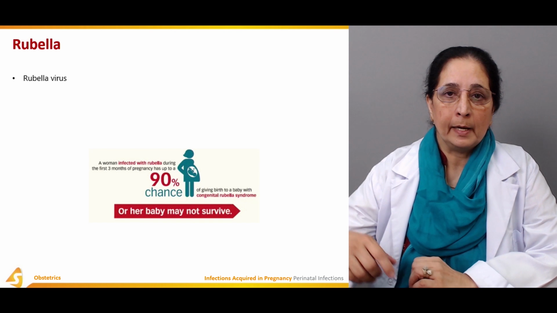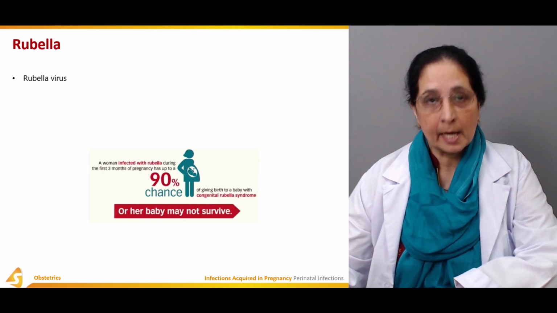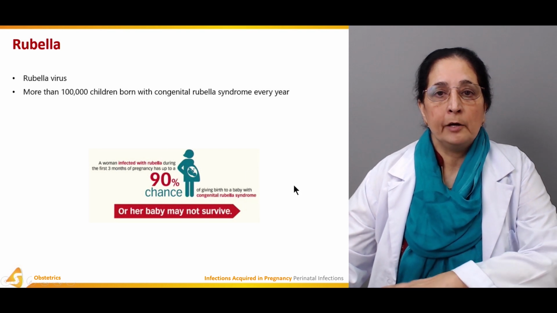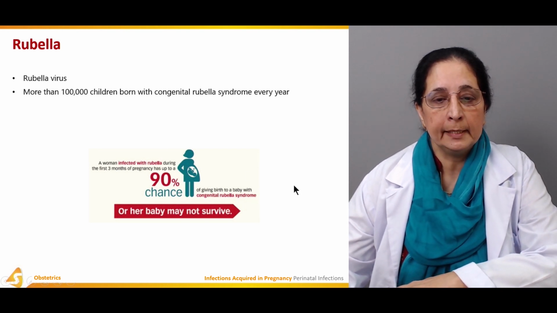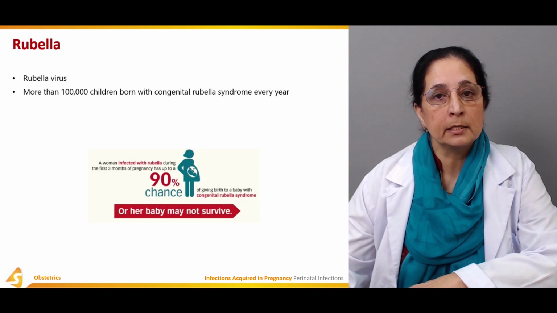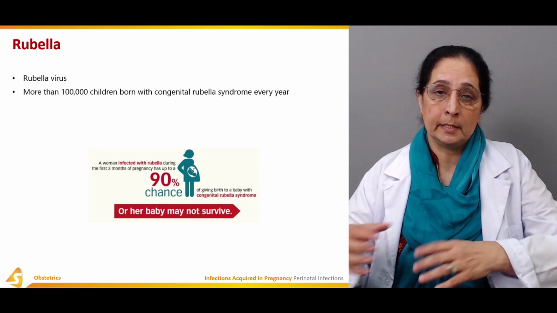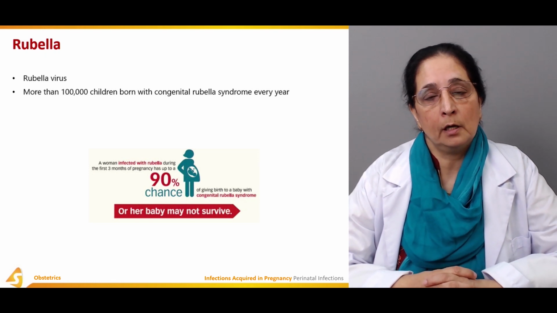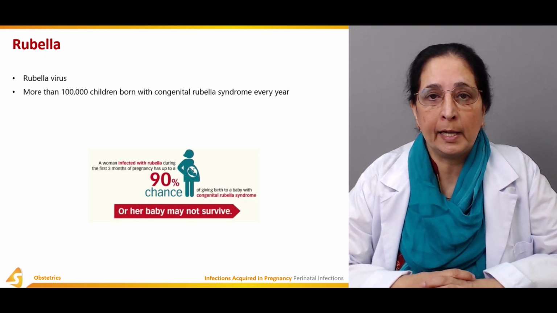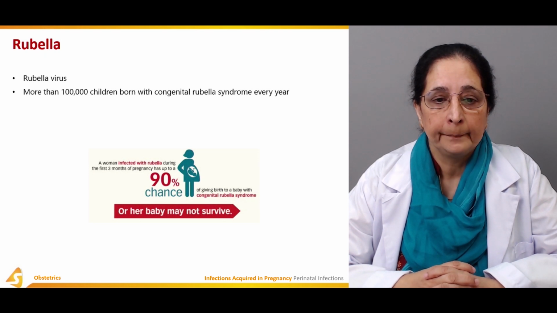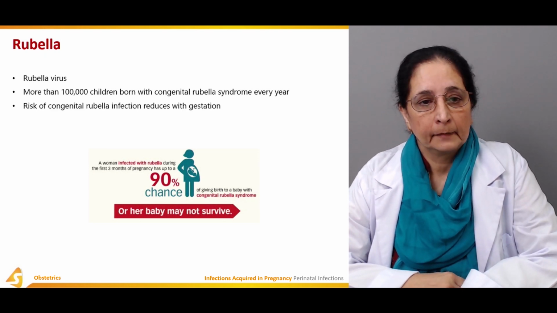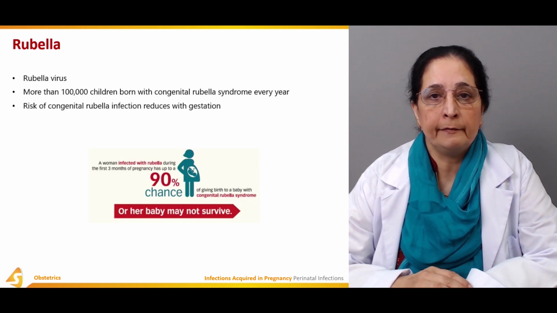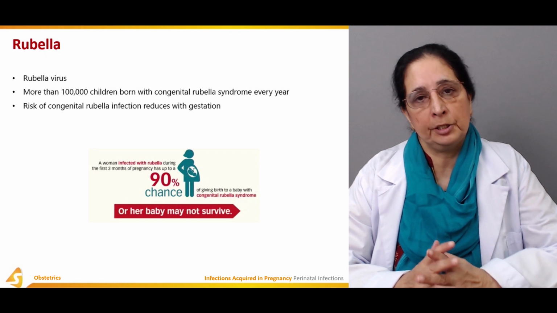Rubella is caused by the rubella virus. About 100,000 children are born with congenital rubella syndrome each year, so it's a big number. The risk of congenital rubella syndrome or infection reduces with gestation.